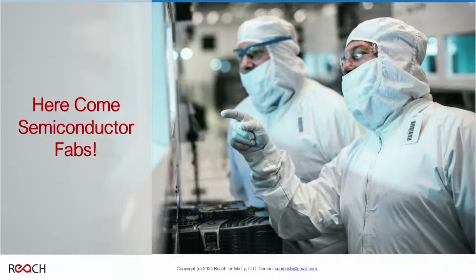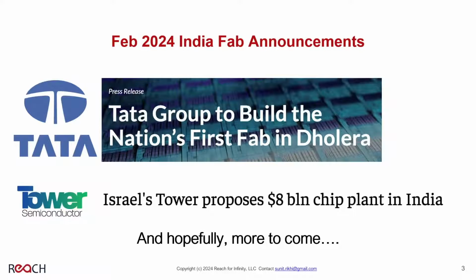So to start with, here come the semiconductor fabs. Who are these? So one of them, which you all must have heard about, is Tata. And Tata has decided to have a fabrication facility, wafer fabrication facility in Dholera in Gujarat.